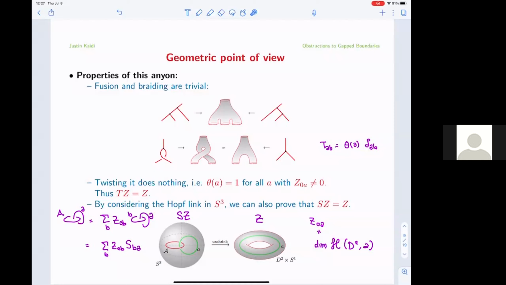Yes, for example. Other generators of what? Of whatever this is. So is this PSL? So T and S, I should say, they're a representation of PSL2Z. Yeah. But does this fit in some larger group that's acting on these lines? Maybe not even a group, some algebra that's acting on these lines.